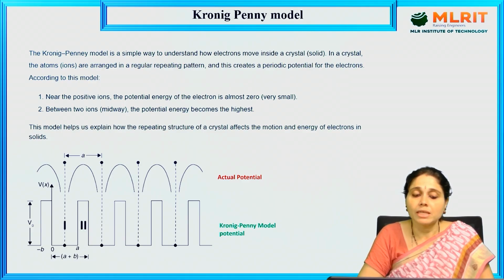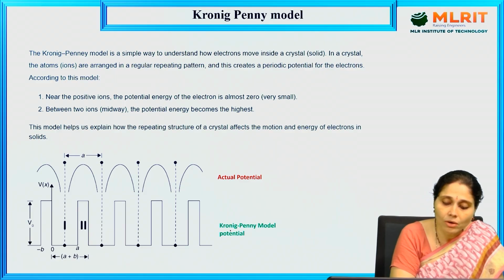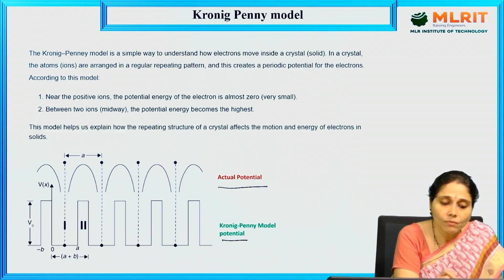This model explains how the repeating structure of a crystal affects the motion and energy of electrons in solids. See here, this is the Kronig-Penney potential in the diagram. This is the actual potential, and this is the Kronig-Penney potential.